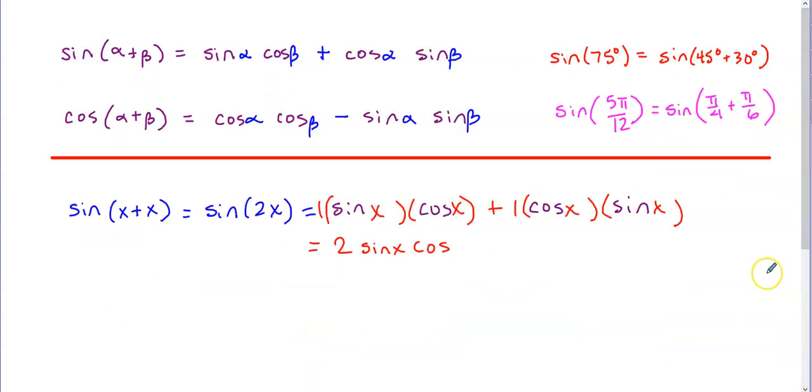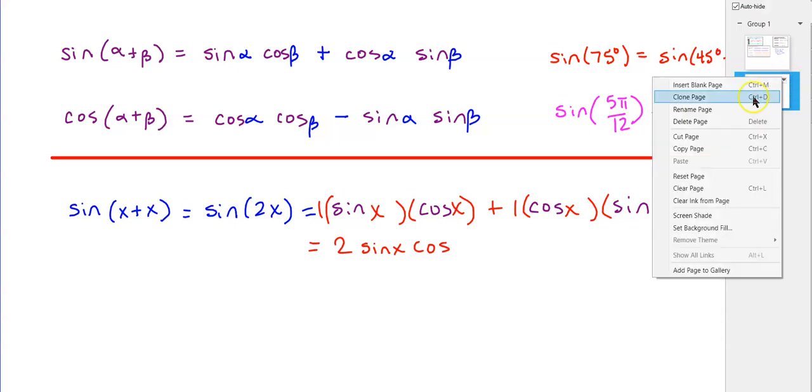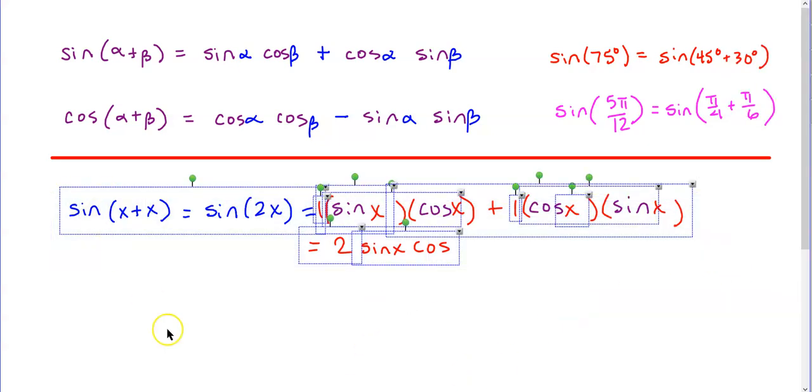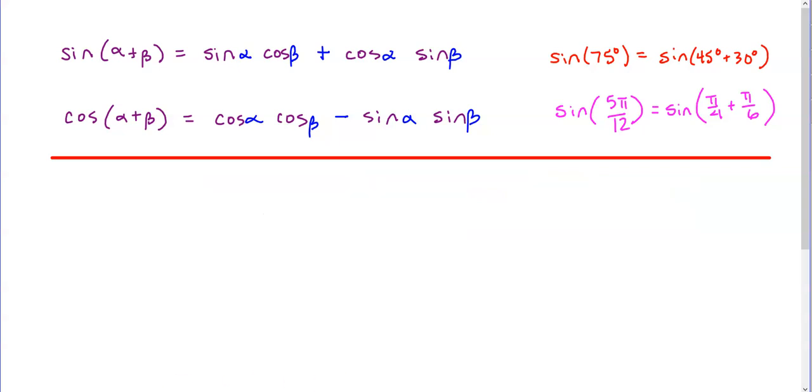Thinking ahead, we're going to do the same thing now, except now we're going to find the cosine of 2x. So I'm going to erase this stuff right here, and we're going to follow the same process. I'm going to do the cosine of x plus x, which is the same thing as the cosine of 2x.